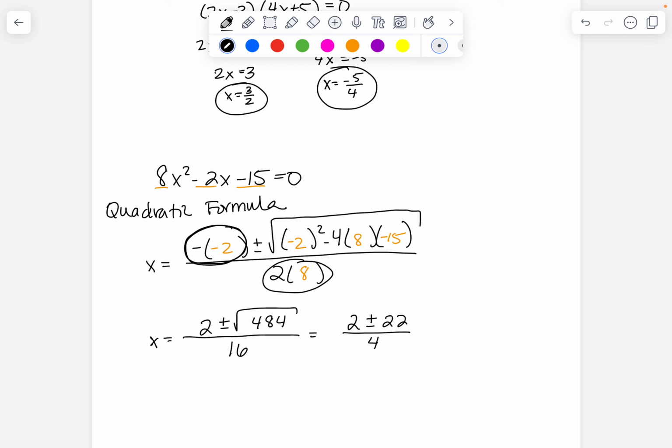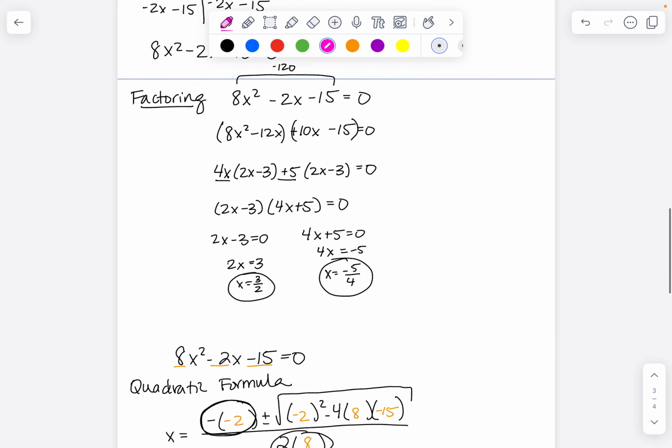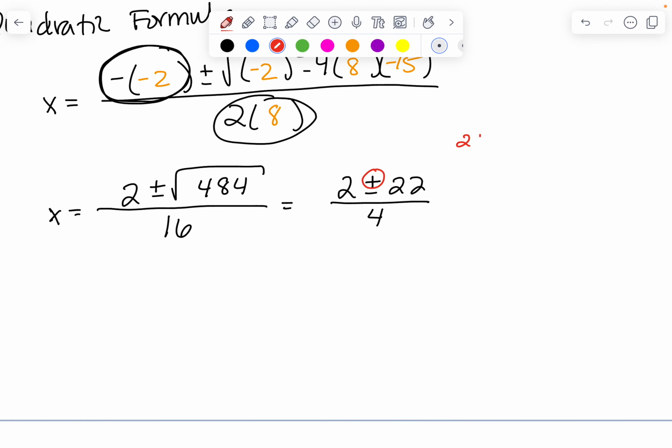Since it is a nice number, you split it up like we did for the one with the 0. Remember? We split it up, and then we did the tops and divide. So here is exactly what I'm going to do. I'm going to split it. I'm going to do one where I'm adding, 2 plus 22 over 16.